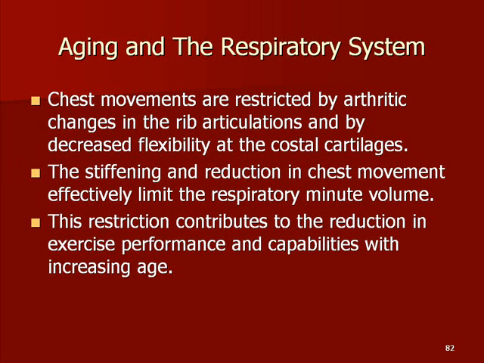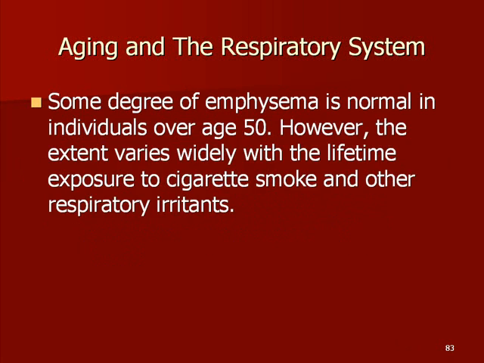In A&P 1, we discussed the articulations of the ribs with not only the spinal column but also the sternum at the costal cartilages. The stiffening and reduction in chest movement effectively limits the respiratory minute volume. This restriction contributes to the reduction in exercise performance and capabilities with increasing age.